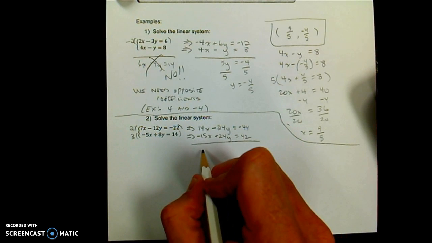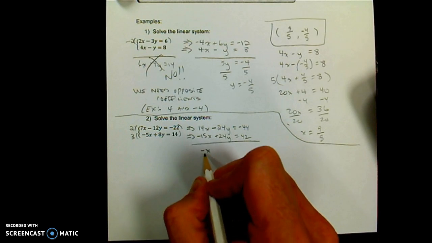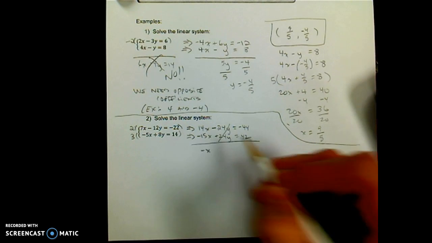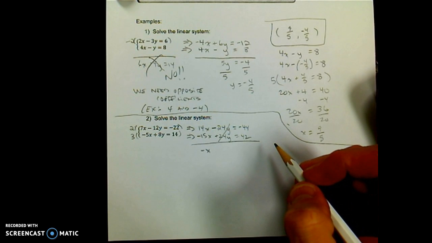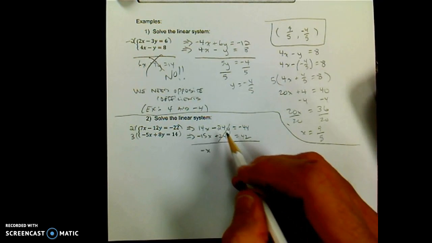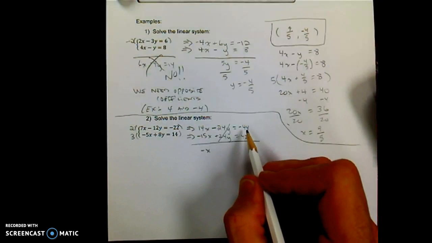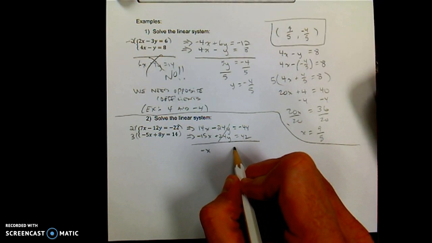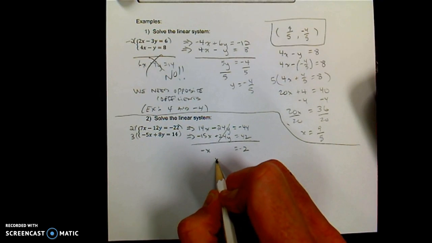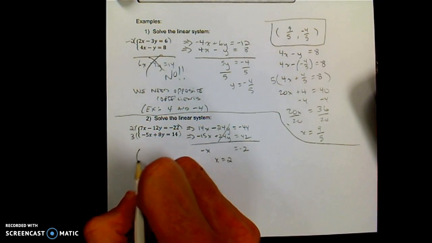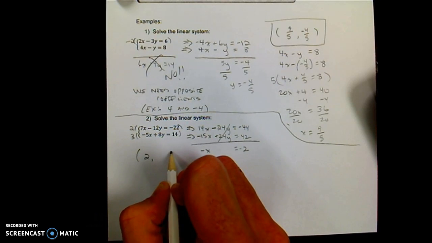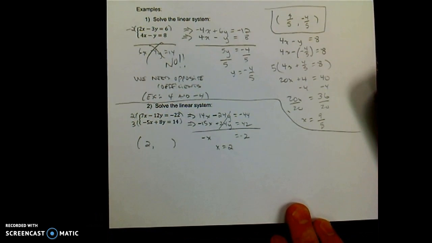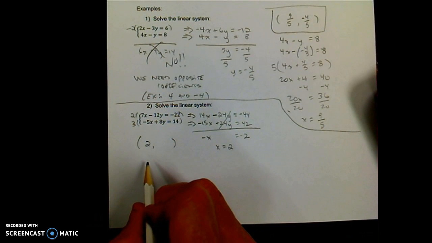Let's add them up. 14 minus 15, negative 1. The y's sum to 0. We did that on purpose. That's why we multiply by 3 and 2, to make that happen. Negative 44 and 42, negative 2. So x equals positive 2. I'm going to write that into my ordered pair. Let's go and substitute that back in and find a y value now.